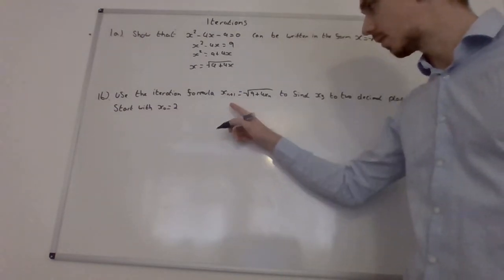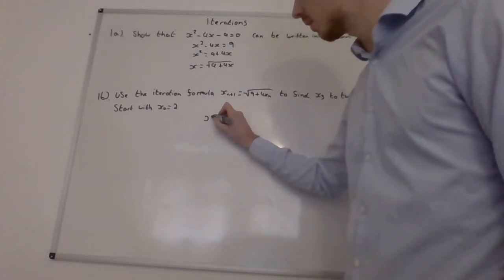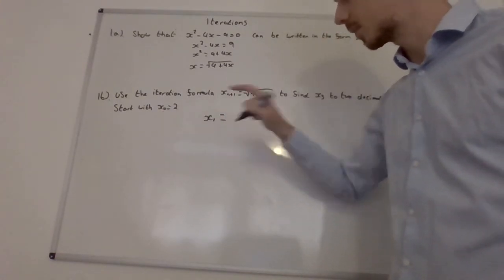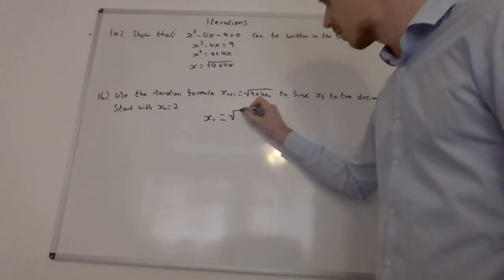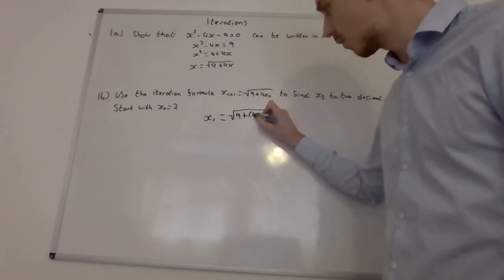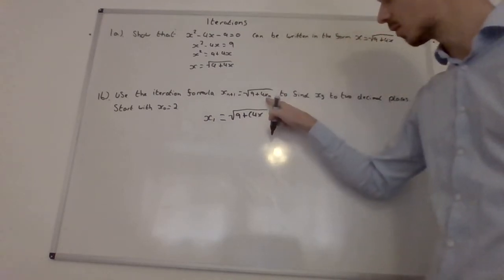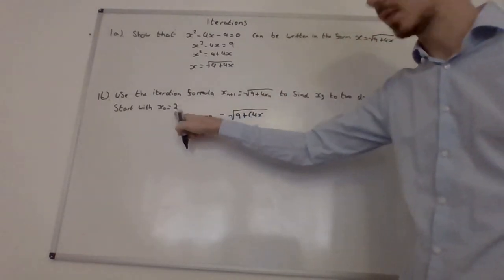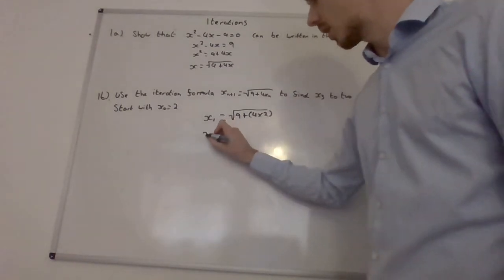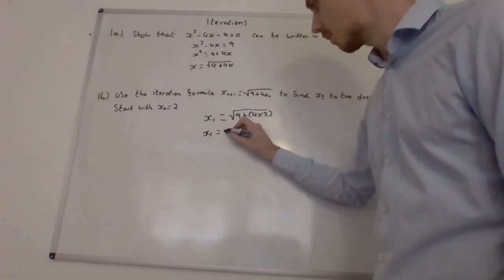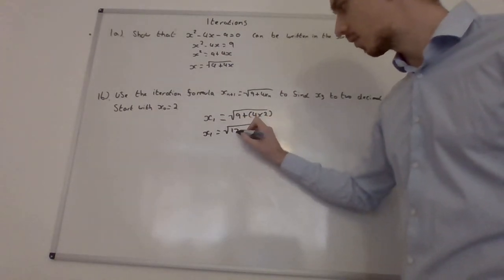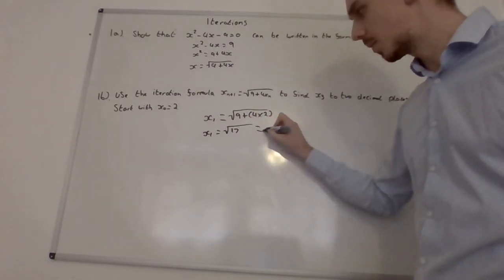So x1 equals the square root of 9 plus 4 times whatever x n is, 2. So x1 is going to be the square root of 9 plus 8, the square root of 17.